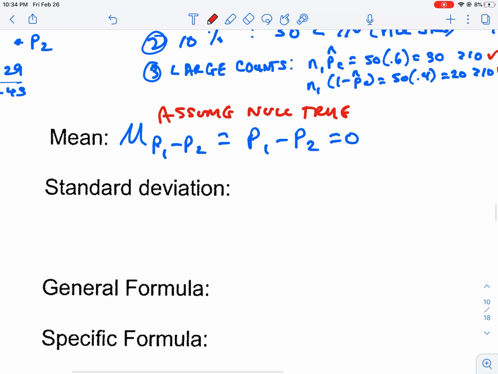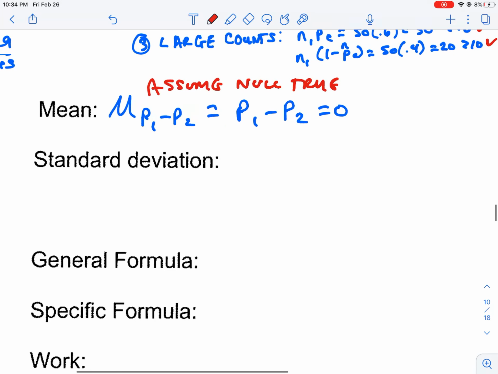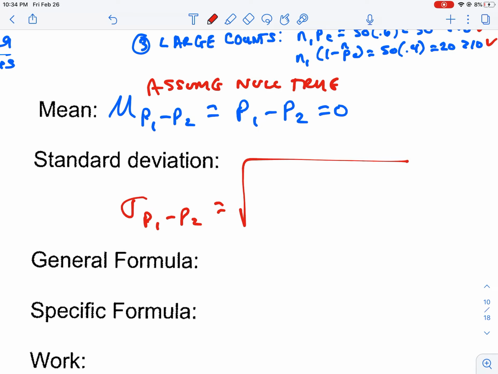When we come down to standard deviation, this is the second place where that p hat sub c is going to pop up. And so standard deviation of P1 minus P2, you'll recall this, we're going to take the variances of the two samples, but we're going to use 0.6 times 0.4 over sample size 1, and then 0.6 times 0.4.